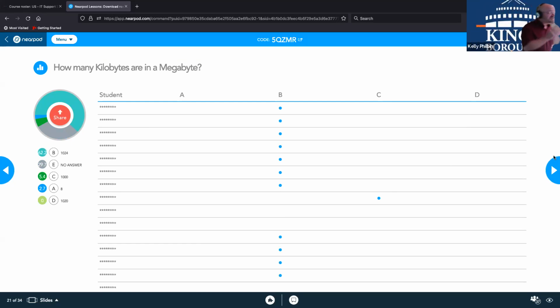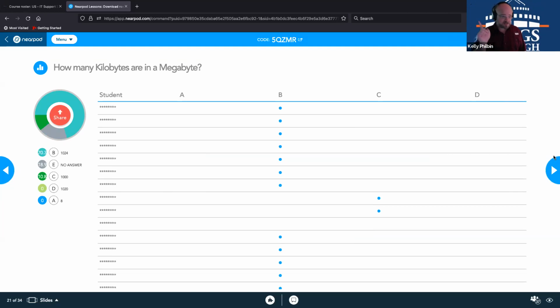They will try to trick you. So in simplifying things, we may say 1,000 megabytes in a gig. Very simple, but technically it is 1024. On the test, if they ask how many kilobytes in a megabyte, they will specifically put 1,000 in there to try to distract you.